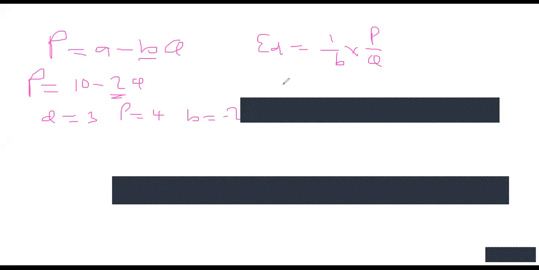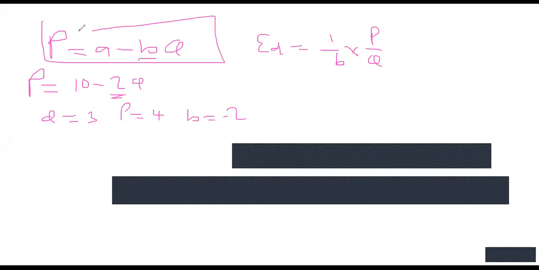So for elasticity of demand using the inverse demand function, we simply do 1 over B. 1 over means inverse; that's why the name is inverse demand. The price we calculated as 4. The quantity we're given as 3. So this will give us 4 over negative 6, which is negative 0.67.